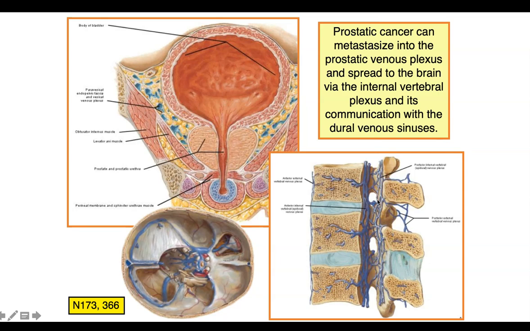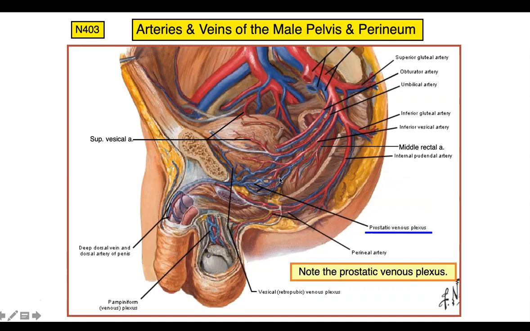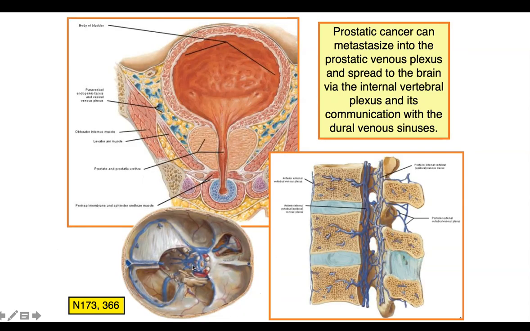They communicate the pelvic veins with the cranial veins, because the vertebral canal extends all the way up to the first cervical vertebra, atlas, and then through the foramen magnum it communicates with the cranial veins inside the cranial cavity.